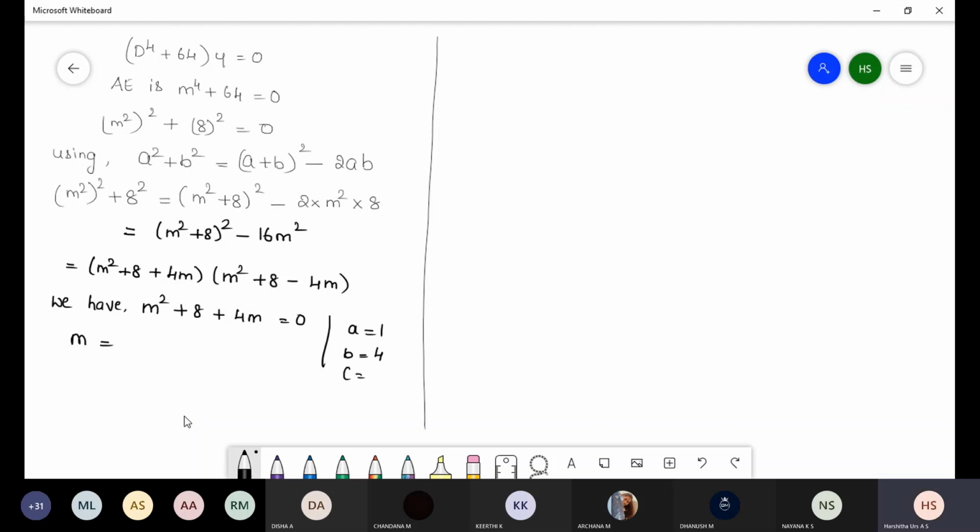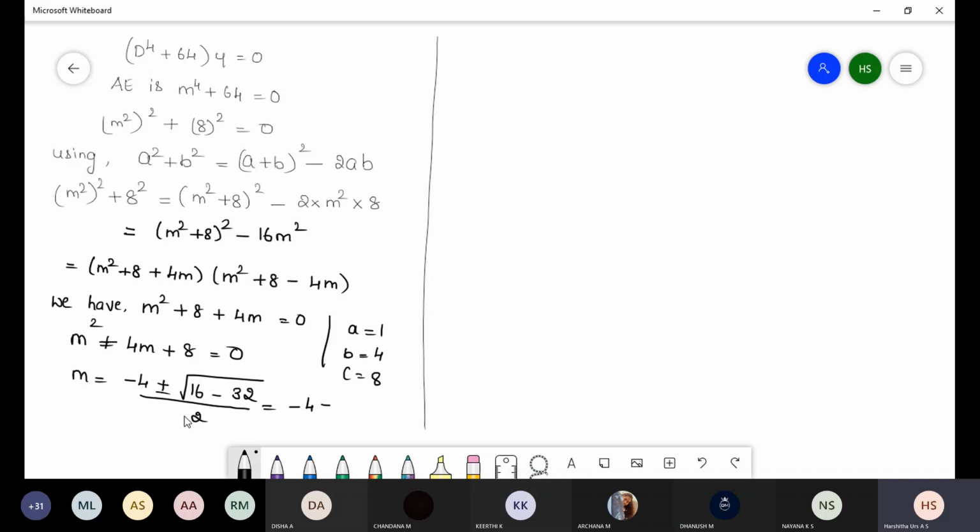c value is 8. So here if you want you can rewrite m² + 4m + 8 = 0. m = (−b ± √(b² − 4ac))/2a: 16 minus 4 8s are 32, divided by 2.